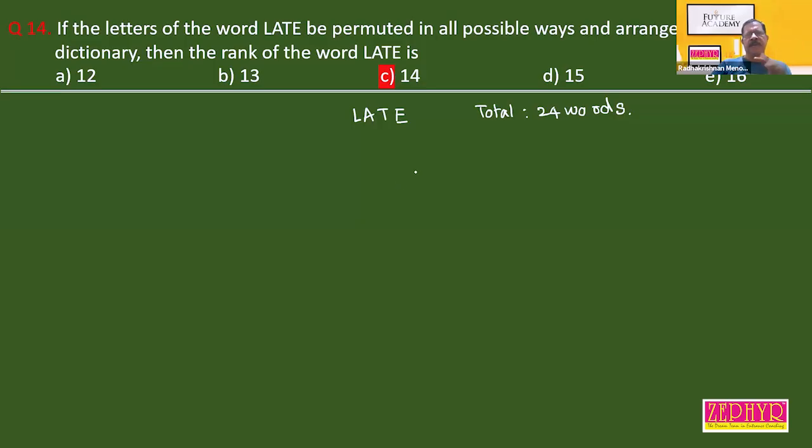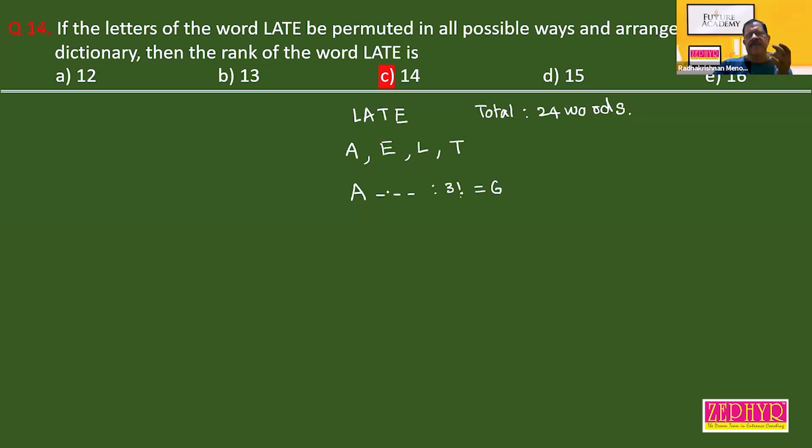If it were a big word, sometimes it may be difficult. Okay, LATE. Now, first of all, you write in dictionary order. First you write A, then E, then L, then T. Now, there are 6 words starting with A. The remaining 3 different letters can be arranged in 3 factorial ways, which is equal to 6.